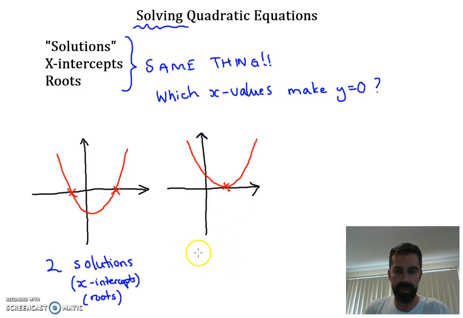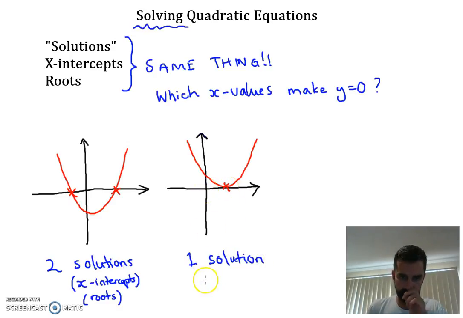In this case, we would say that there's only one solution. There's only one x value that will cause y to be 0. And again, we could say one solution or one x-intercept or one root. It doesn't matter. In this case, there's one x value that makes y equal to 0.